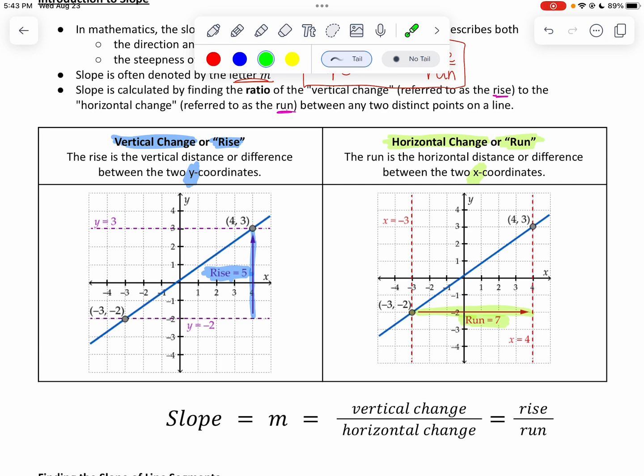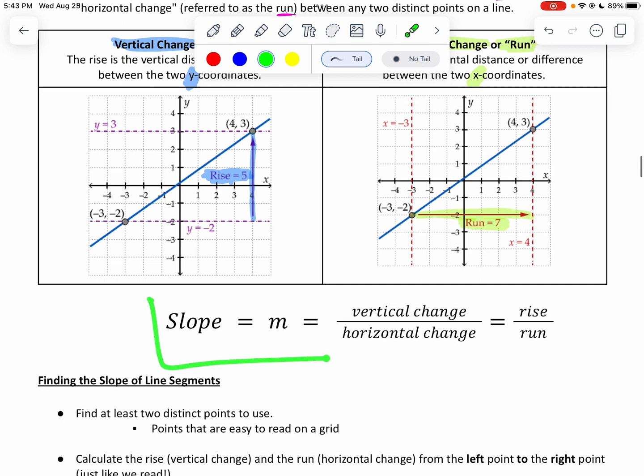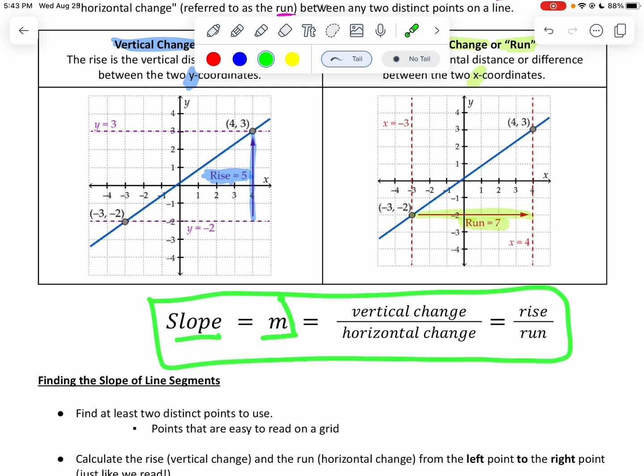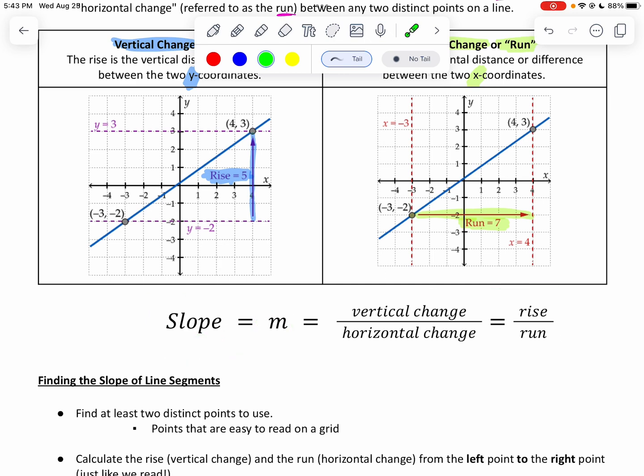So if we look at our formula summary, the slope is equal to the letter m, which we use to represent slope, which is equal to the vertical change over the horizontal change, which we fondly refer to as the rise over the run, because it has a nice ring to it and it's easy to remember.